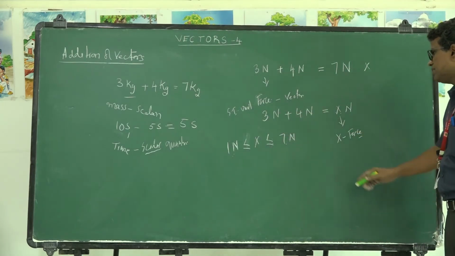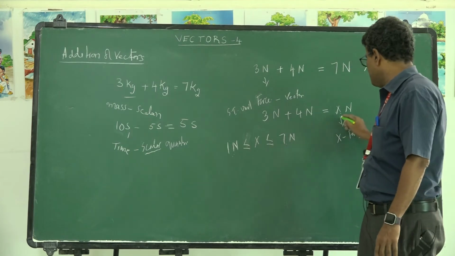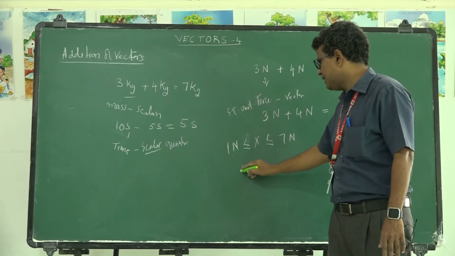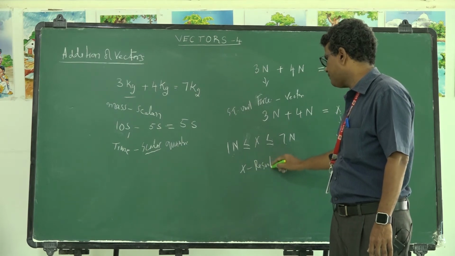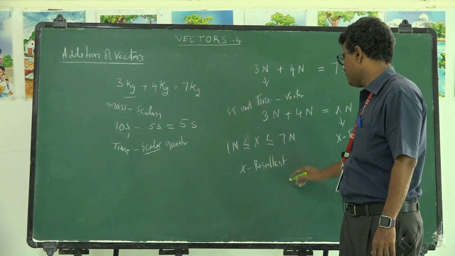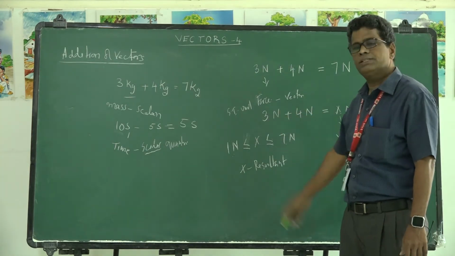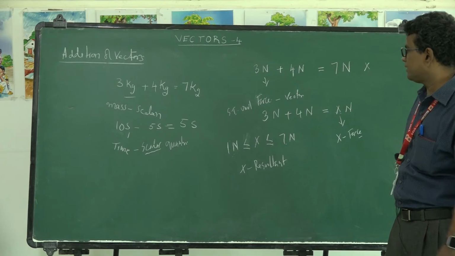That means after adding, you will get a resultant. That x is called the resultant. What is a resultant? After adding two vectors, you will get a vector.